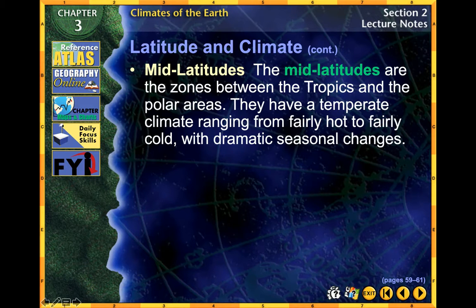So depending upon location, things are constantly moving in, and this causes the mid-latitudes to have a generally temperate climate that can range from fairly hot to fairly cold, or maybe neither of the above, and more dramatic seasonal weather changes. So when we think of our different seasons, we're typically associating them with the temperate latitudes.